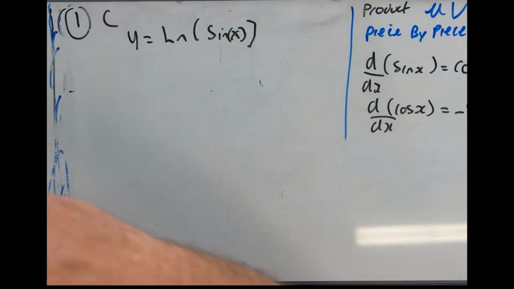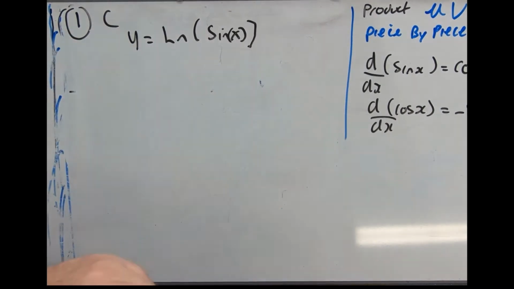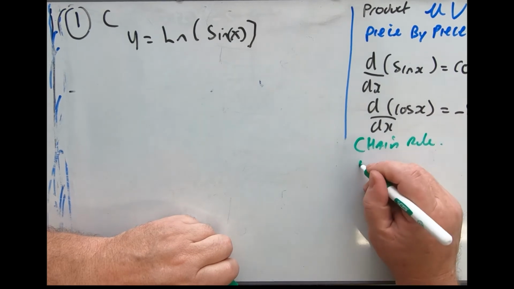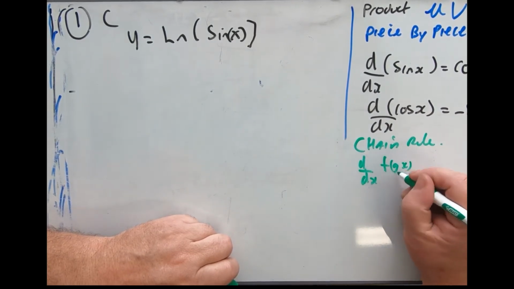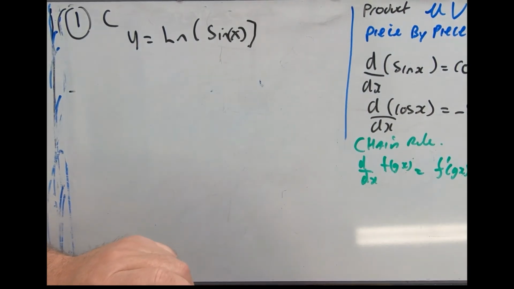Okay, so this is the chain rule. It's the next one on my little list of parties. Chain rule. The f of g of x is the outside derivative with the g inside times g dash, or the inside. Okay, well, this is the inside one.